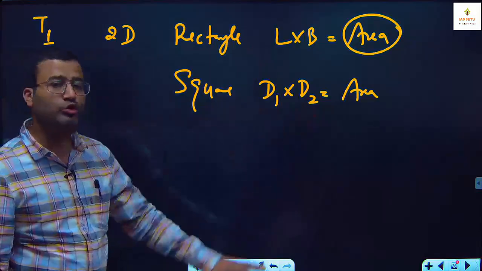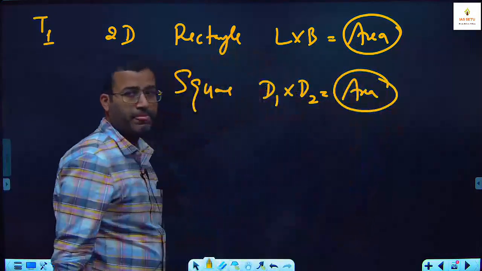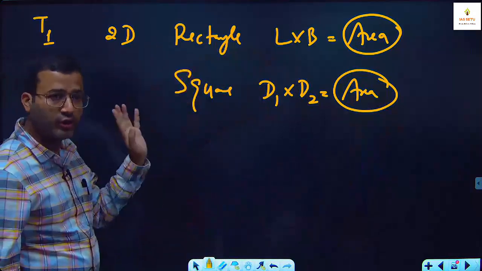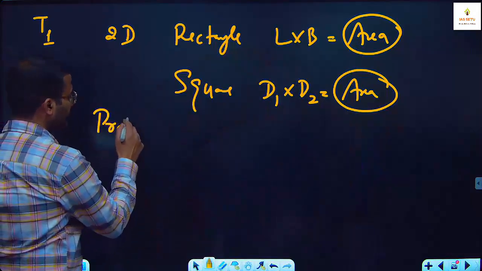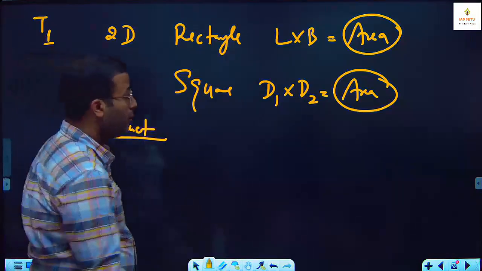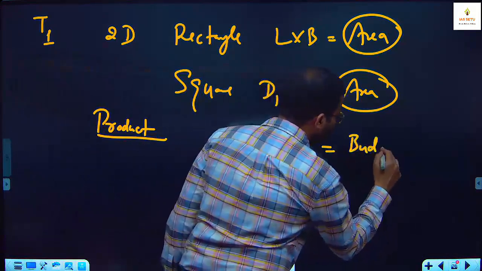एक को बढ़ाया तो दूसरी घटेगी क्योंकि ये सेम है. एरिया रिमेन्स सेम. So I repeat, 2 dimension figure, rectangle, square. It can be a product of two things. Price into consumption is equal to budget.